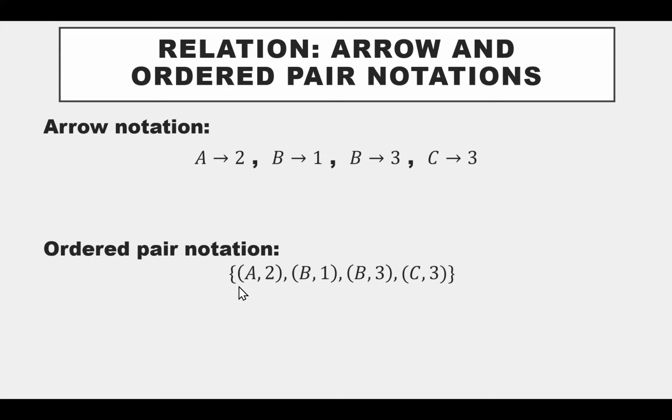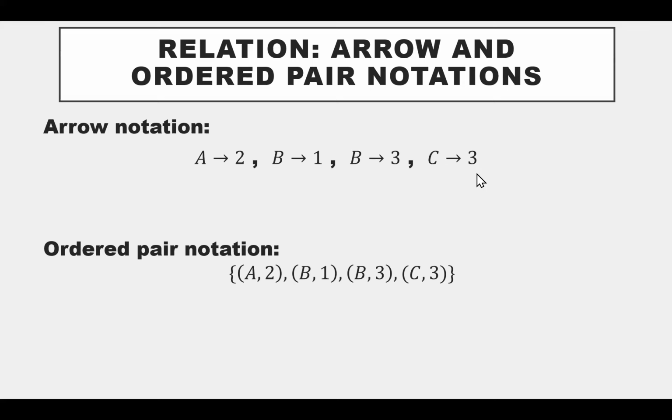The ordered pair notation has ordered pairs where the input is the first element in the ordered pair and the corresponding output is the second element. So A being sent to 2 would be, as an ordered pair, A, comma, 2. B being sent to 1 would be the ordered pair B, comma, 1. B being sent to 3 would be B, comma, 3 as an ordered pair.